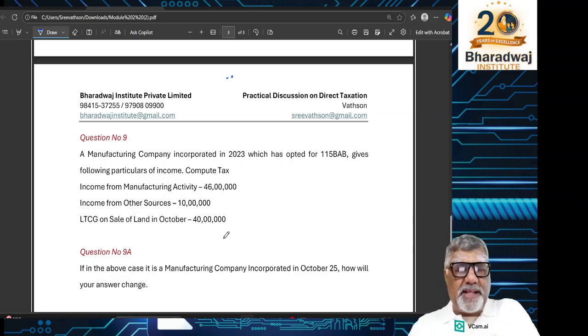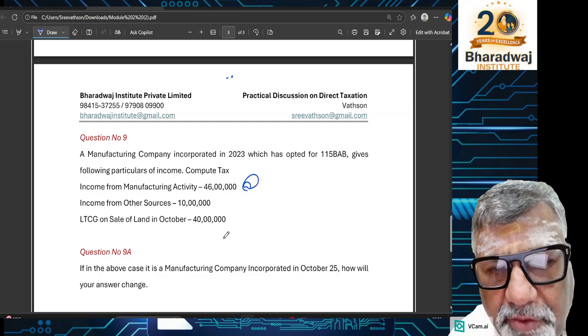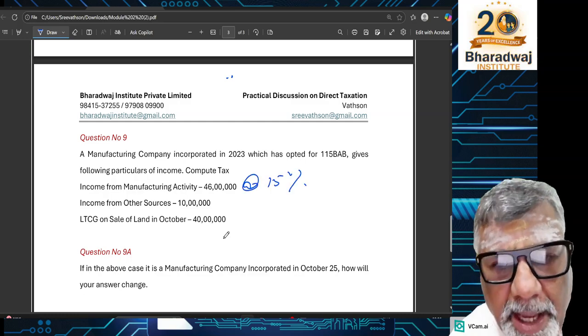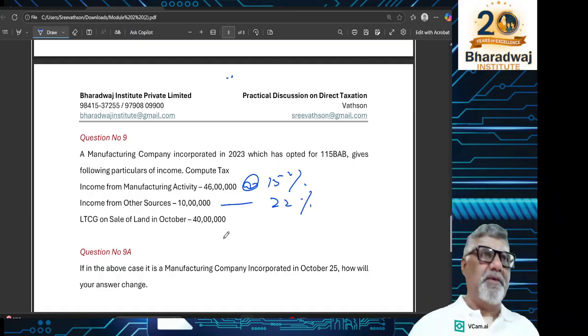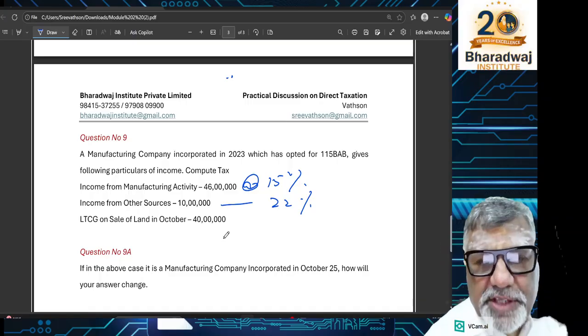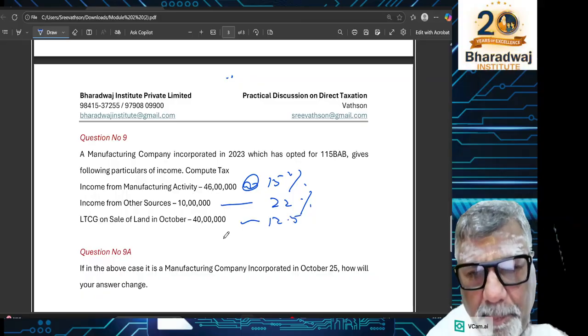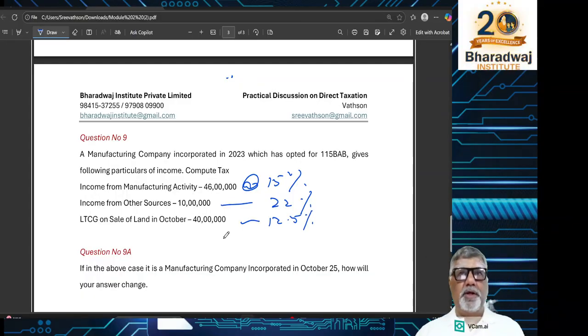Income from manufacturing activity will be taxable at 15%. Income from other sources will be taxable at 22%. Remember, only income from manufacturing operation enjoys the additional concession. LTCG on sale of land 12.5%. Okay, compute.